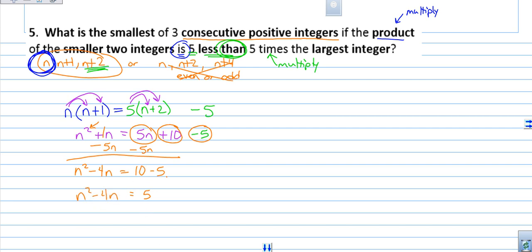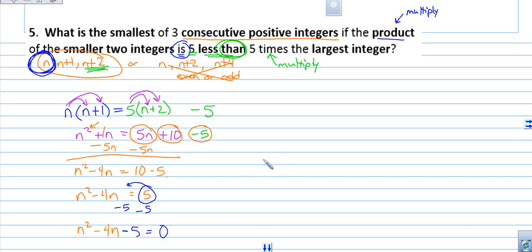So now I need to move this to this side. So I'm going to subtract 5. And when I go to subtract 5, I can't subtract it from this, and I can't subtract it from this, because this is an n squared, and I don't have an n squared. This is an n, and I don't have an n, so it has nothing. So I just kind of attach it to the end. Okay? So I get n squared minus 4n, and then the minus 5 will come in, and it equals, and then 5 minus 5 is 0.